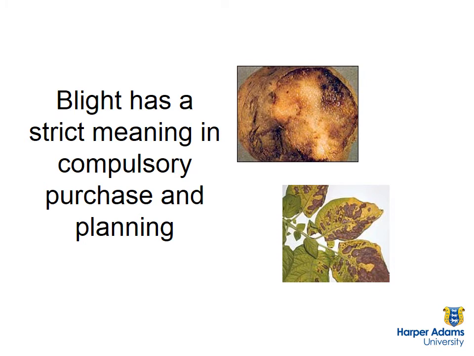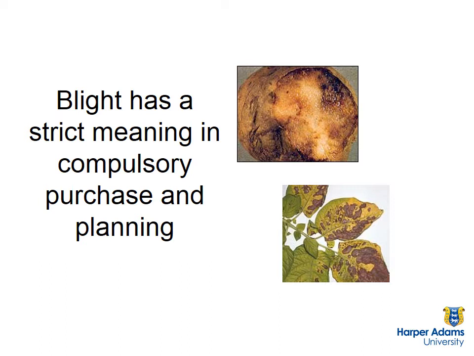We need to start by understanding very clearly that blight has a very strict meaning in compulsory purchase and planning. We're certainly not talking about potato blight, which you can see in the picture here, but nor are we talking about the general use of blight, where we so often mean it to take the general value depressing effect which news of a development can have in a broad area.